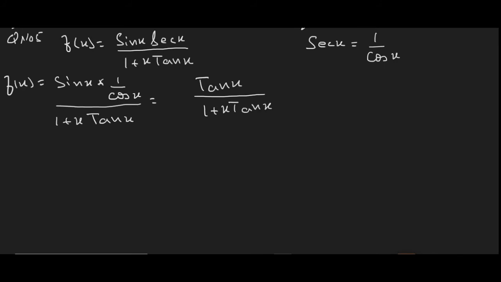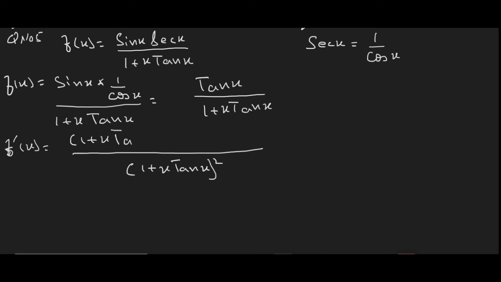Now again we are going to use the quotient rule for this. f dash of x is equal to 1 plus x tangent x whole square, 1 plus x tangent x, and derivative of tangent x we have to take, tangent x minus tangent x as it is, and derivative of the second function, which is 1 plus x tangent x.